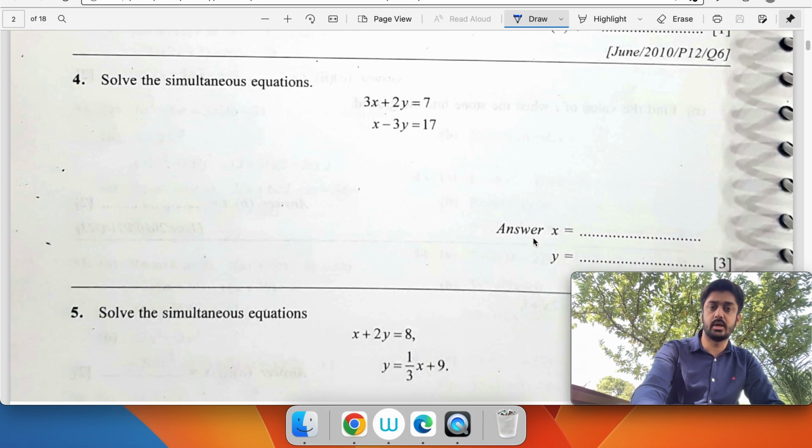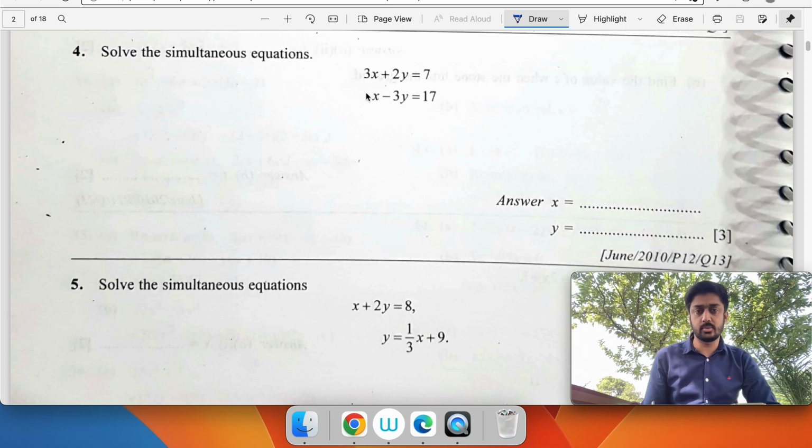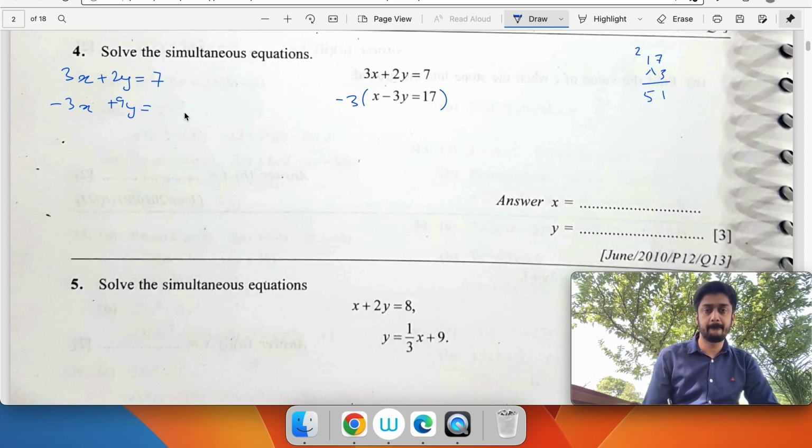Simultaneous equation again. Now in this case, this is very easy. You just multiply this with 3 or directly negative 3, so you have opposite signs. So first equation is 3x plus 2y equals 7. Second is minus 3x plus 9y equals minus 51.